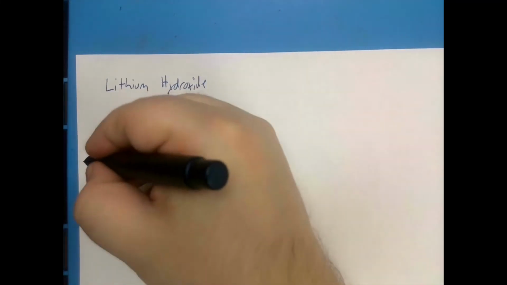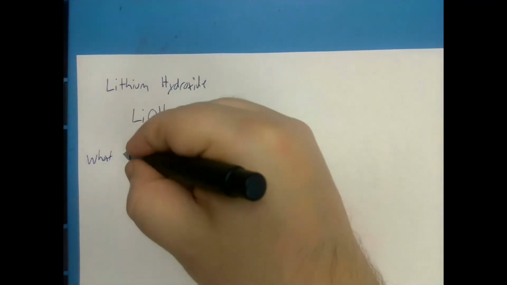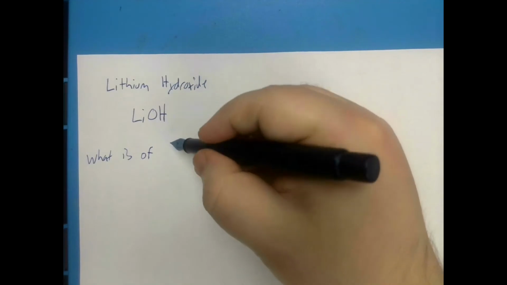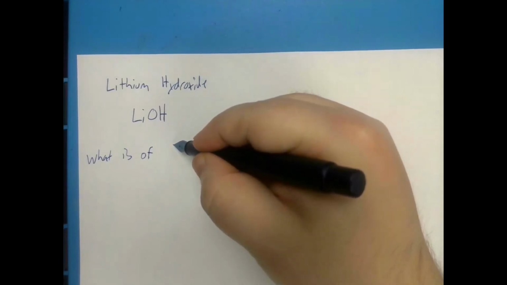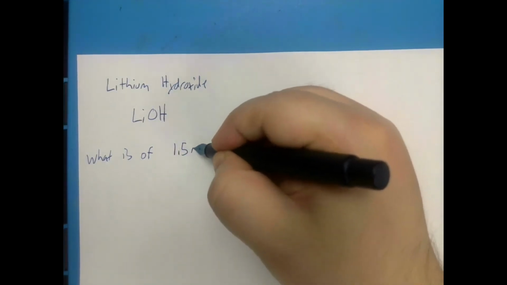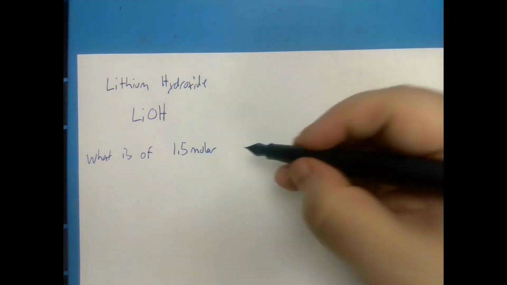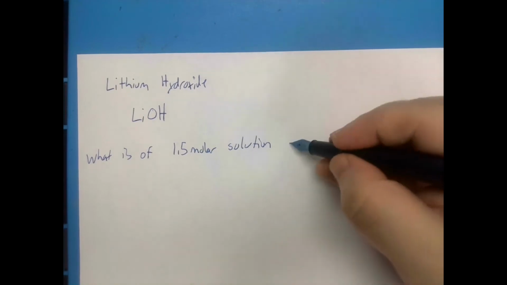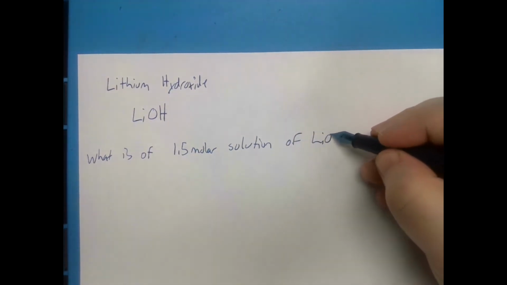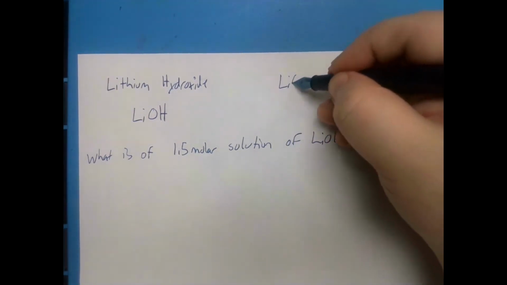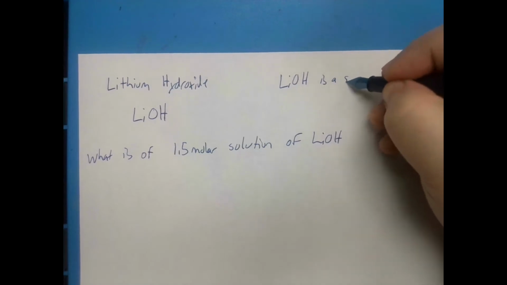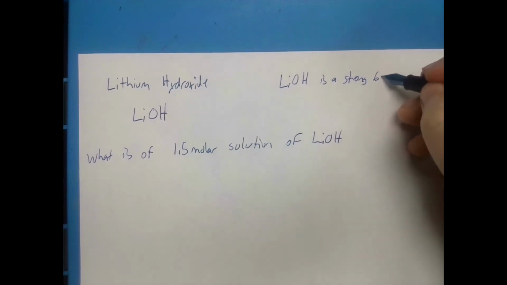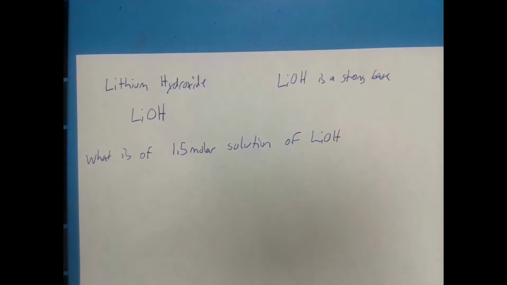So what is the pH of a 1.5 molar solution of LiOH? LiOH is a strong base. That means 100% of every molecule is going to dissociate, going to turn into ions.